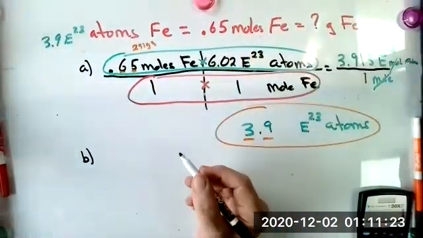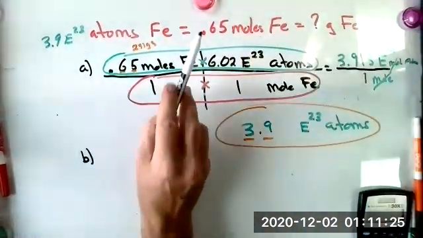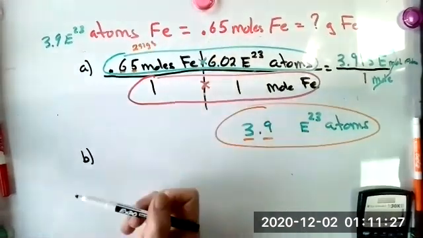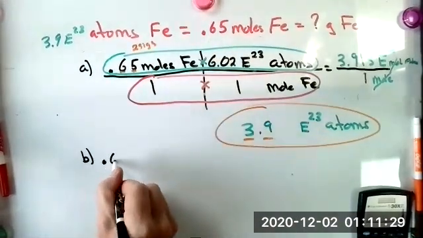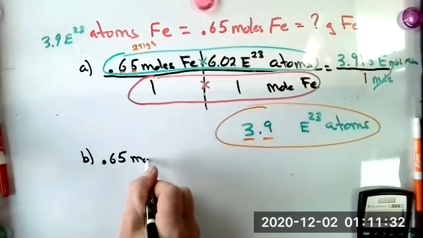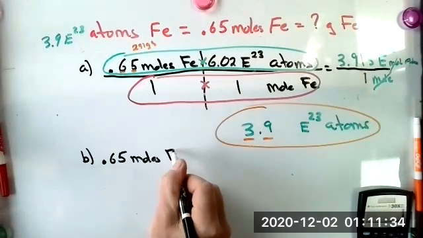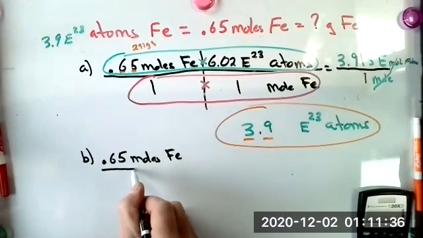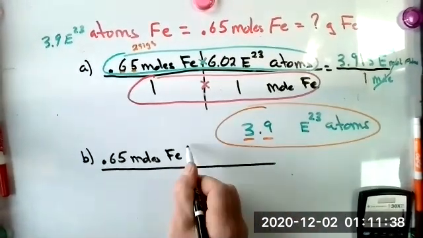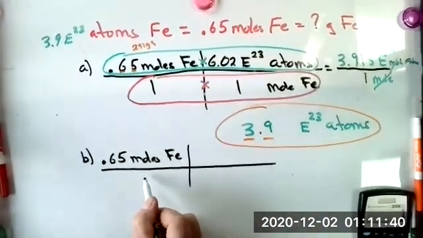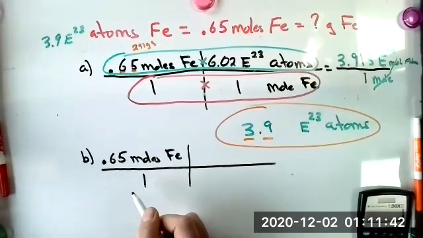How do I build that bridge? Same way, man. I'm going to start with what they gave me, 0.65 moles Fe. Okay, I'm going to build my bridge. What number goes down here? 1. That's my very first step.